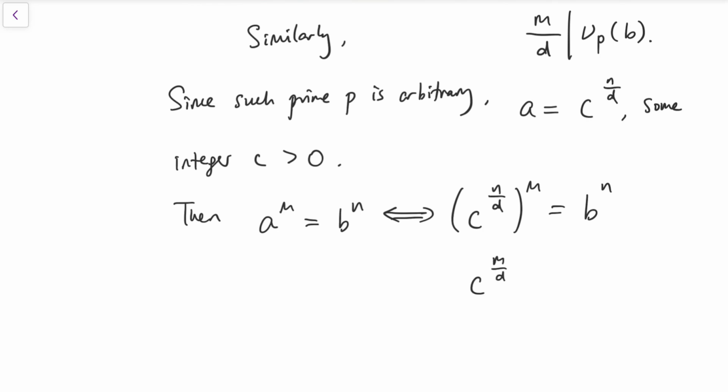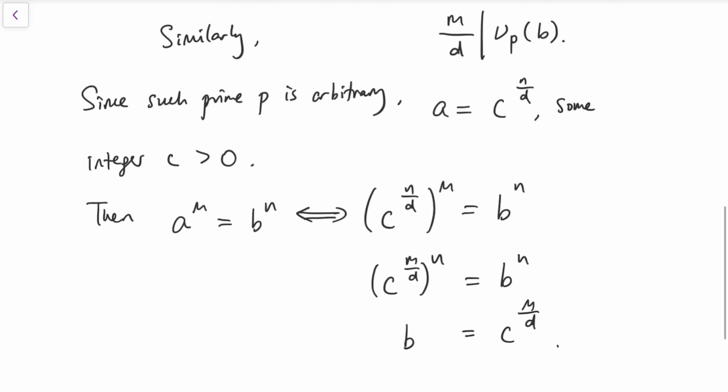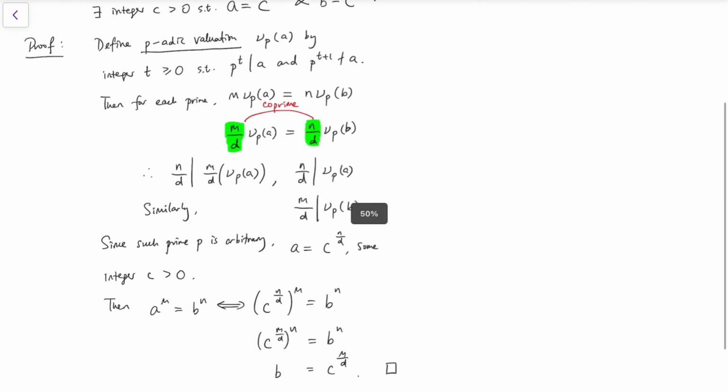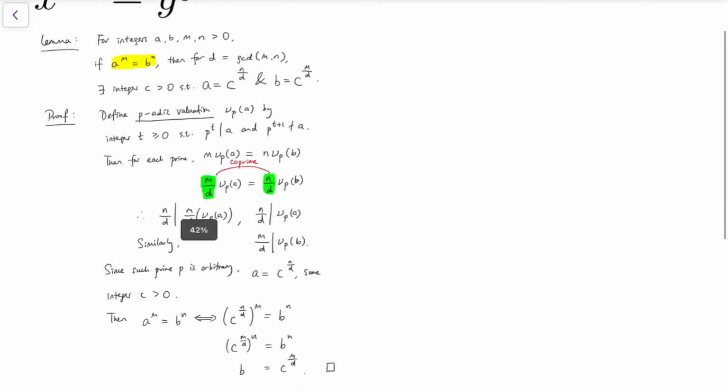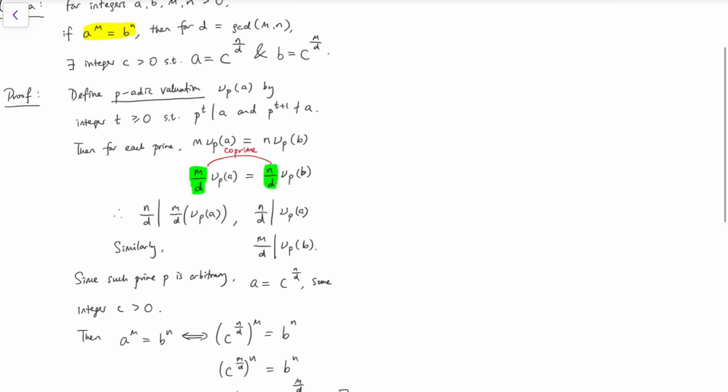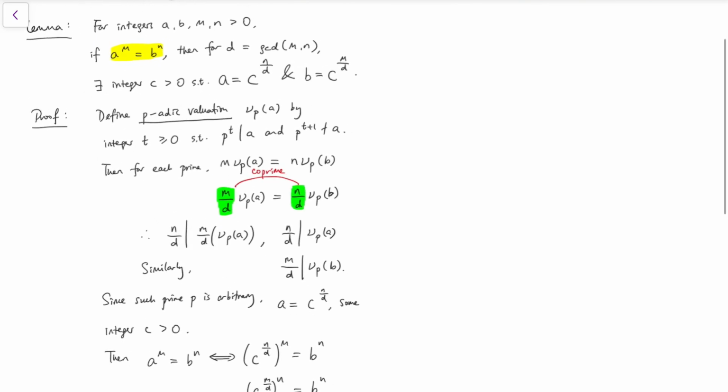And then we can rearrange the left side and we have c to the power m over d all to the power n equals b to the power n. And we know c to the power of m over d will be equal to b, which is the other part of the statement that we have to prove. And so we are done. So we're going to focus on this lemma for the rest of the solution.